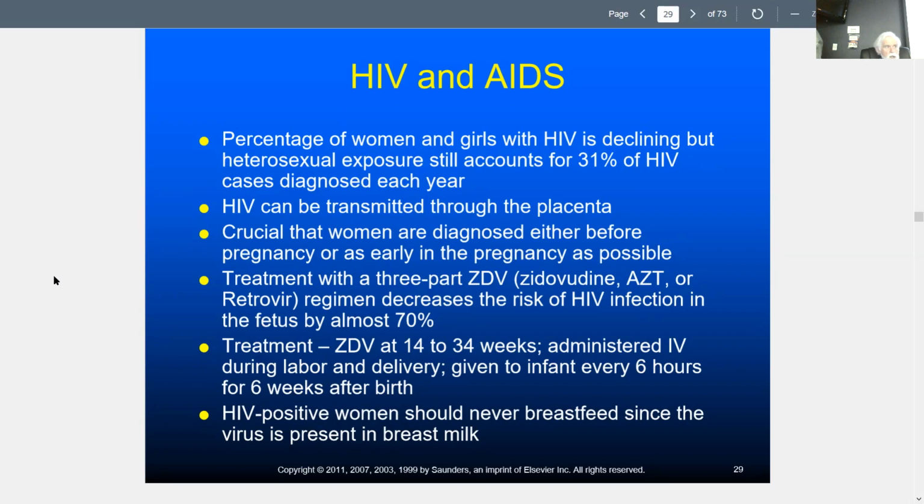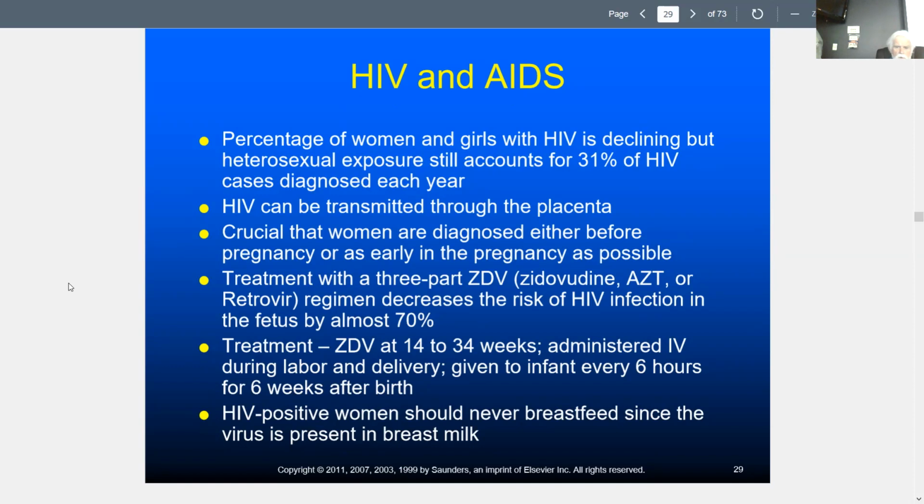Now they take a pretty nasty cocktail of drugs. So, yeah, we're improving our ability to treat AIDS a lot. The problem is that the treatments, the side effects are major, and the cost is pretty high.